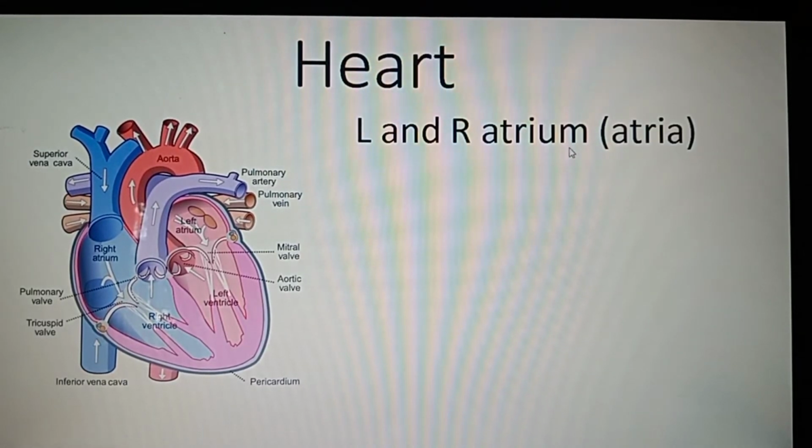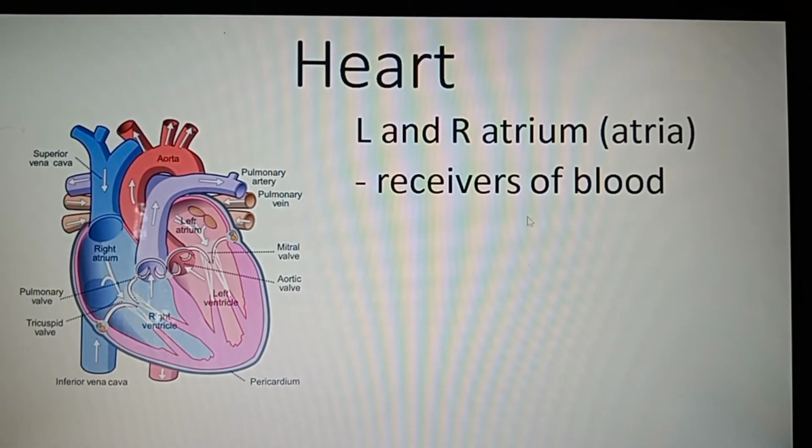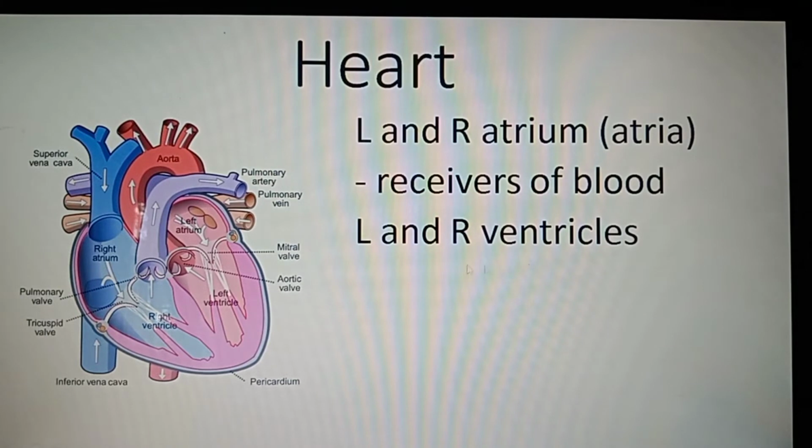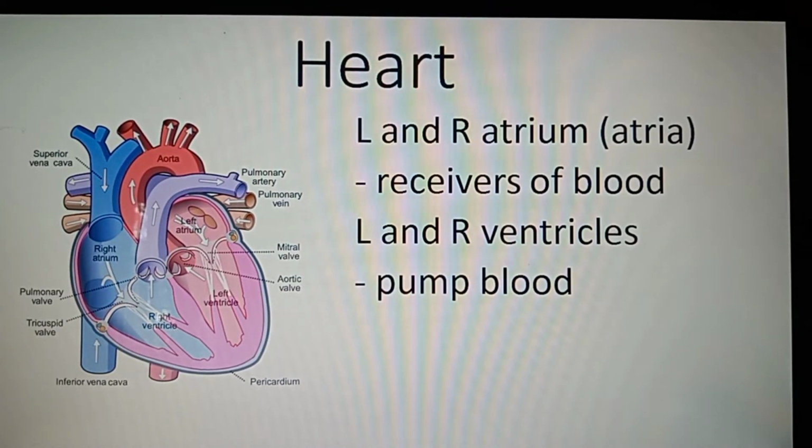Ang left and right atrium, or atria, plural form niya yan, ang trabaho lang niyan ay receivers of blood. Tagatanggap lang yan ng dugo, ha? Remember that. While the left and then the right ventricles, ang trabaho lang nila yan ay mag-pump ng blood.